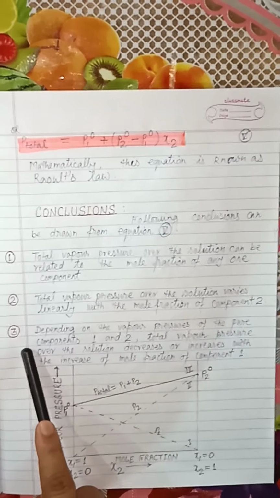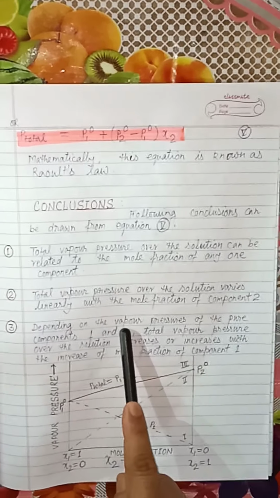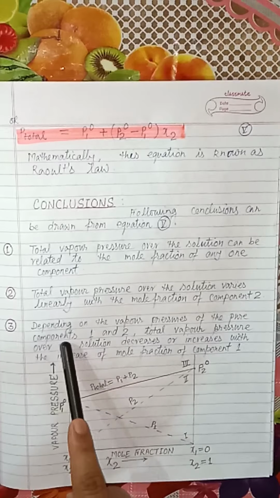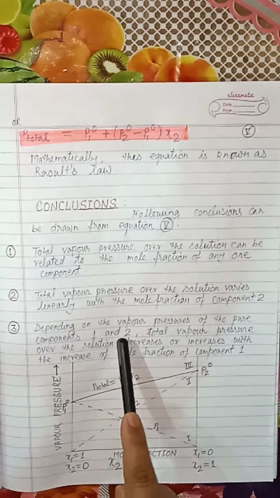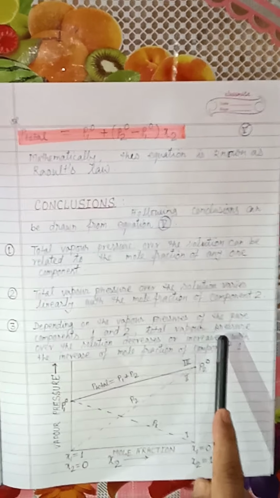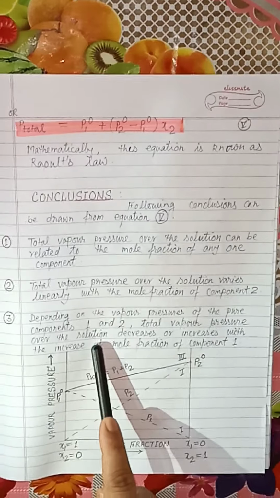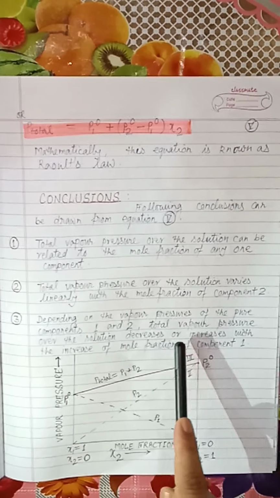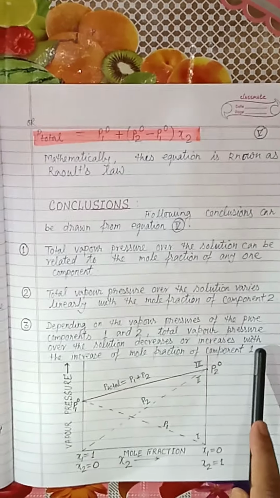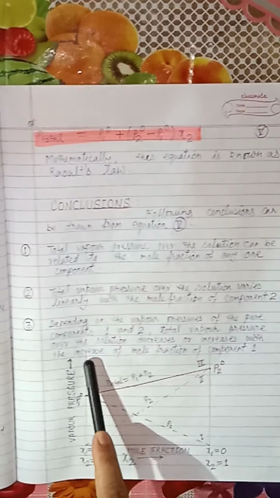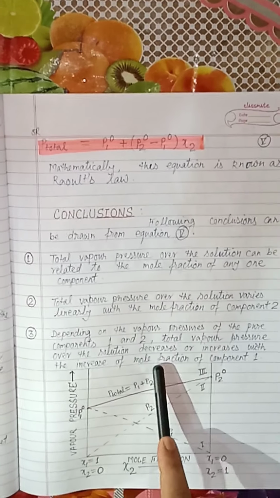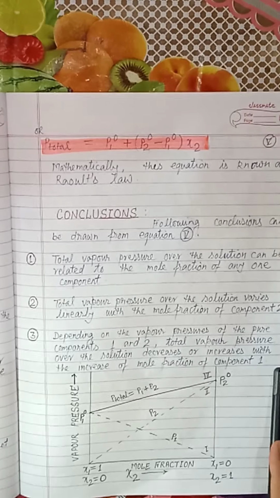Number 3: depending on the vapor pressure of the pure components 1 and 2, total vapor pressure over the solution decreases or increases with the increase of mole fraction of component 1.